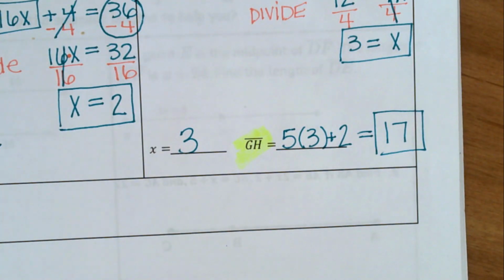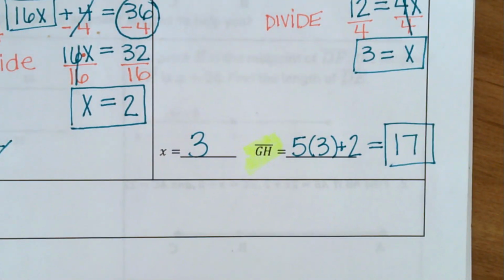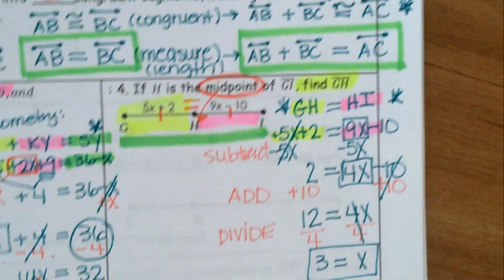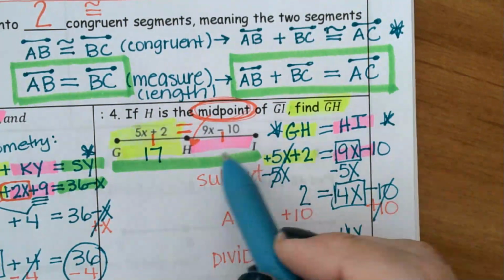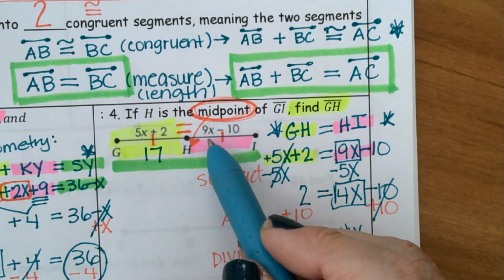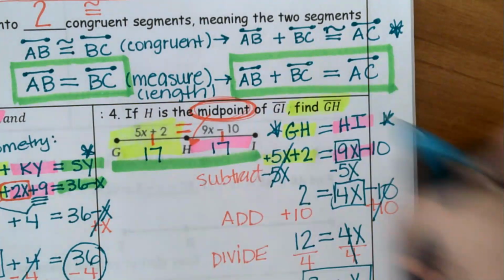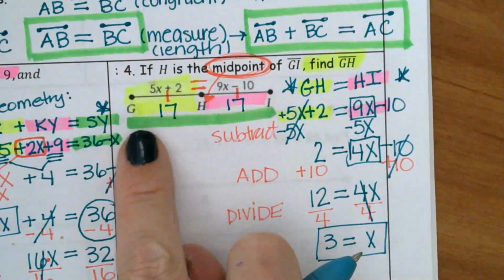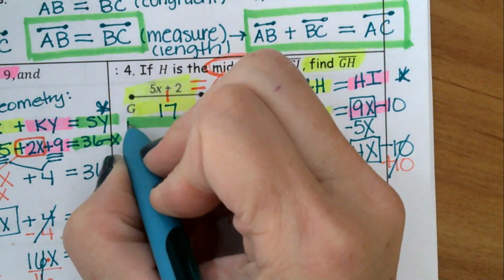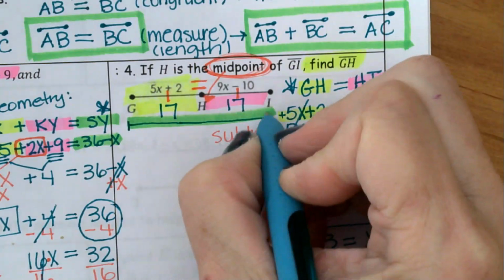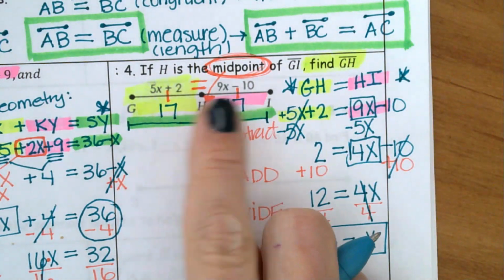How do you feel about that? And do you know what that means? If this side is 17, what's the other side? 17. And if that's true, what is the entire distance? What is this entire distance? 17 here and 17 here.